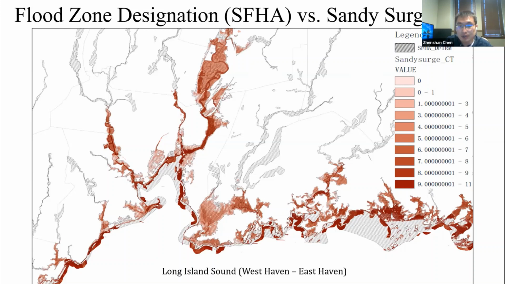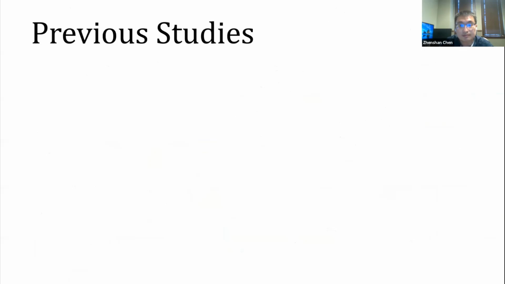The red or shaded areas are the flood zones. The take-home message from this map, as you can see, is that all the Sandy surges are in the flood zone. There are some exceptional cases here, but generally that's the case. So I would say the flood zone is quite a good flood risk indicator from this map. That's why we use it as the primary flood risk indicator throughout this study. This is the New Haven area in coastal Connecticut.